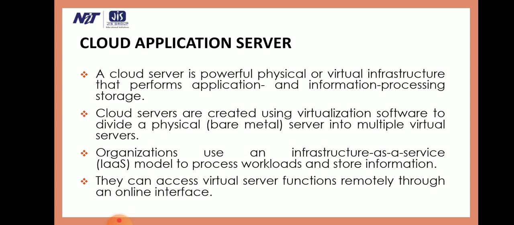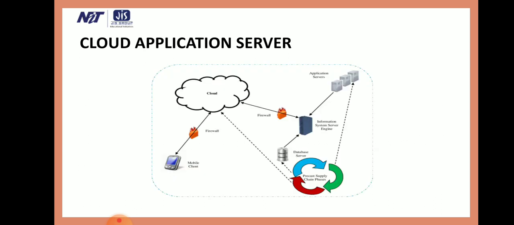What are the key features of a cloud application server? Computing infrastructure that can be physical, virtual, or a mix of the two depending on use case. Has all the capabilities of an on-premise server.